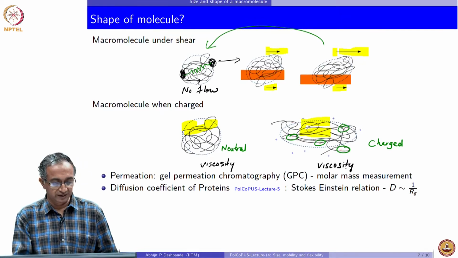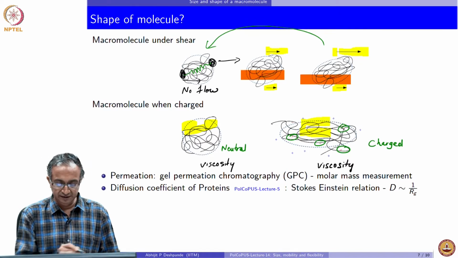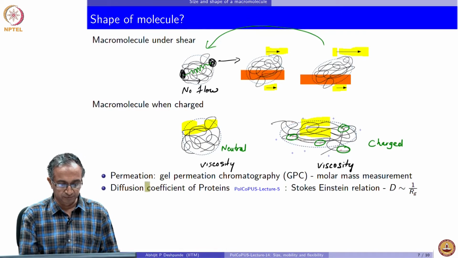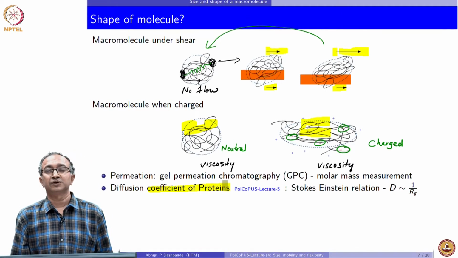And if you recall, in a lecture earlier, we had looked at the diffusion behavior of proteins. When we looked at biopolymers and their classification, and also when we looked at defined molar mass, we had looked at the diffusion behavior of protein in lecture 5.